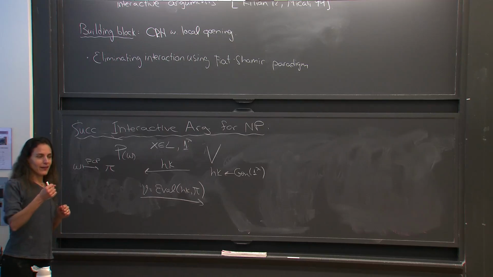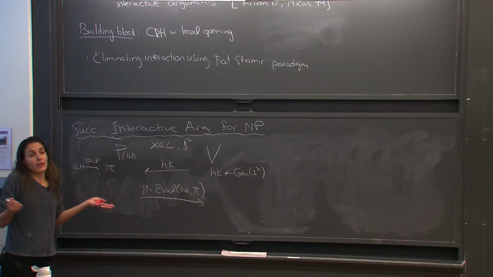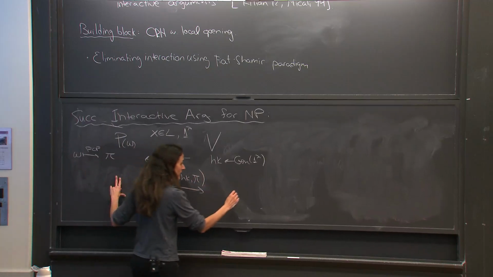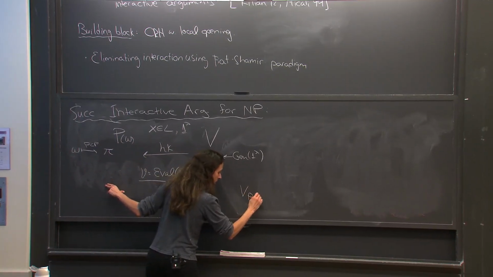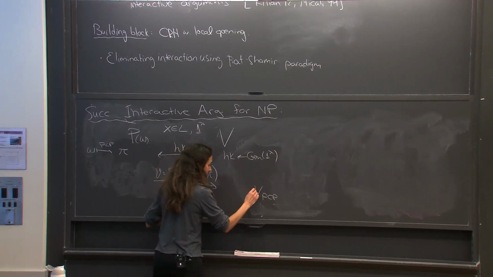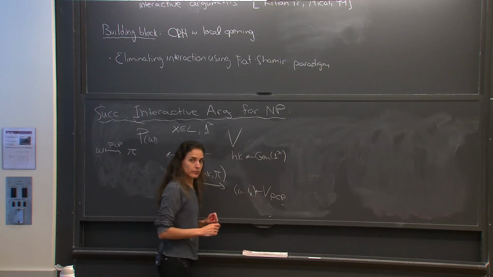So whenever the PCP asks to query the oracle, right? Exactly. What the PCP verifier does, he runs the PCP verifier, and the PCP verifier tells him, oh, sure, ask I1 up to, I don't know, some IL.